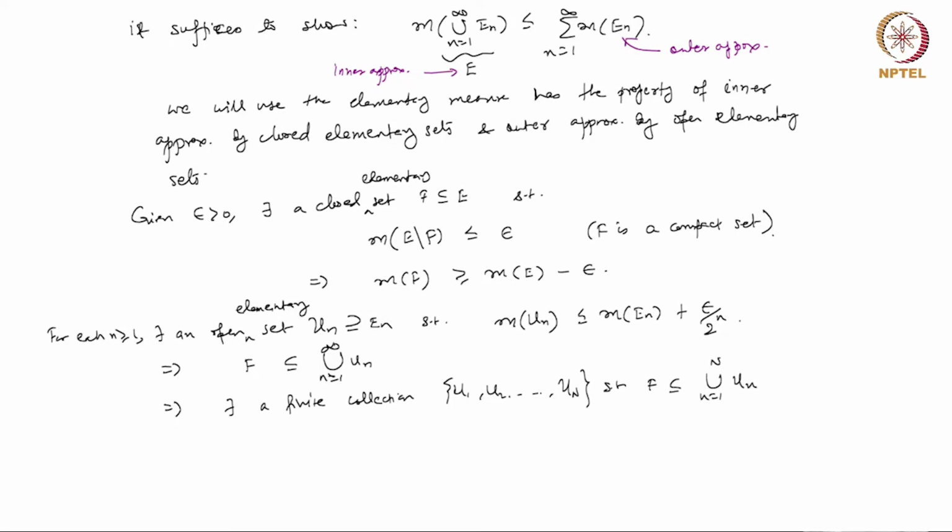So this means that the measure of F is less than or equal to the measure of the union n equal to 1 to capital N of Un, but this is less than or equal to the sum n equal to 1 to capital N of the measure of En plus epsilon by 2 to the power n.